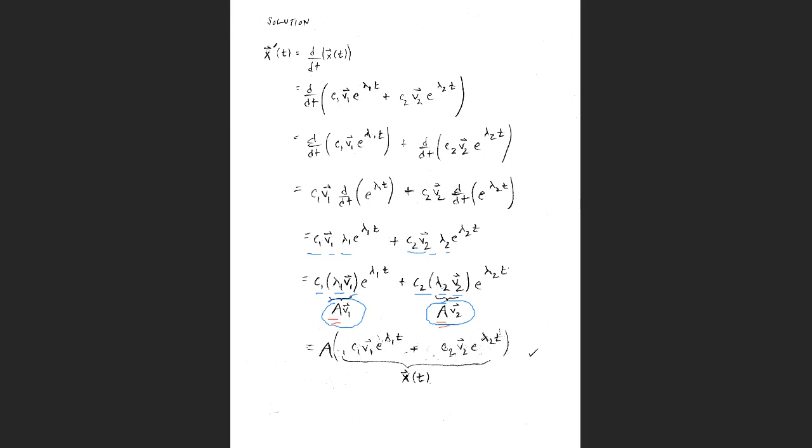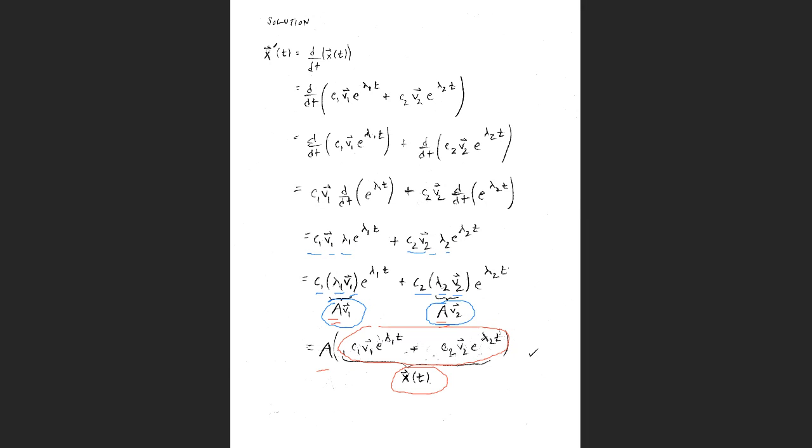That's a matrix property. And so I can factor the matrix A on the left side, and what I'm left with is A times the linear combination of eigenfunctions, and that was just how I defined x of t to begin with.